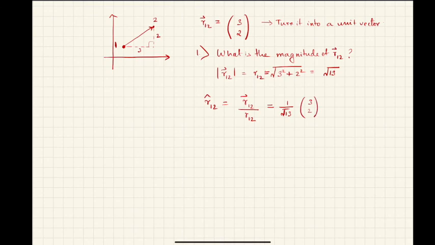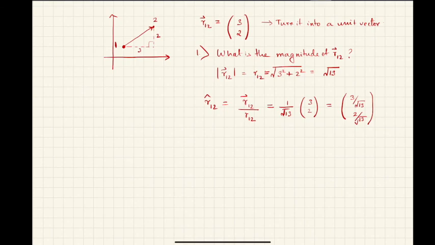When I multiply a number by a vector, I just simply multiply this number to each of these components separately, right? So I multiply 1 by square root 13 with 3. I will get 3 by square root 13 as the new x coordinate, and 2 by square root 13 as the new y coordinate.